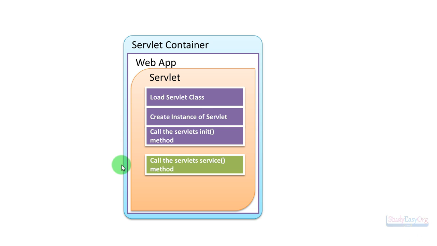This means in the lifecycle, mostly the service method is being called. If we summarize, the first 3 steps are taken only once in the lifecycle, whereas the service method is called whenever we make an HTTP request to the web application.